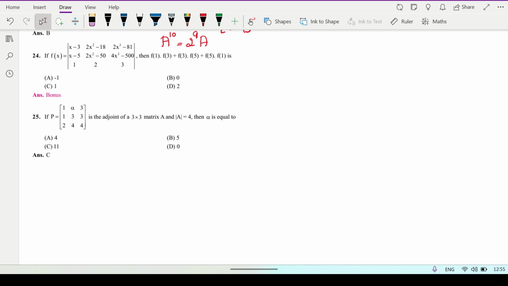A matrix P is given, which is the adjoint of matrix A, and determinant of matrix A is given. Then we have to find the value of alpha. We know that if determinant of A is known, then determinant of adjoint of A is equal to determinant of A power n minus 1. Here it is a 3 cross 3 matrix.